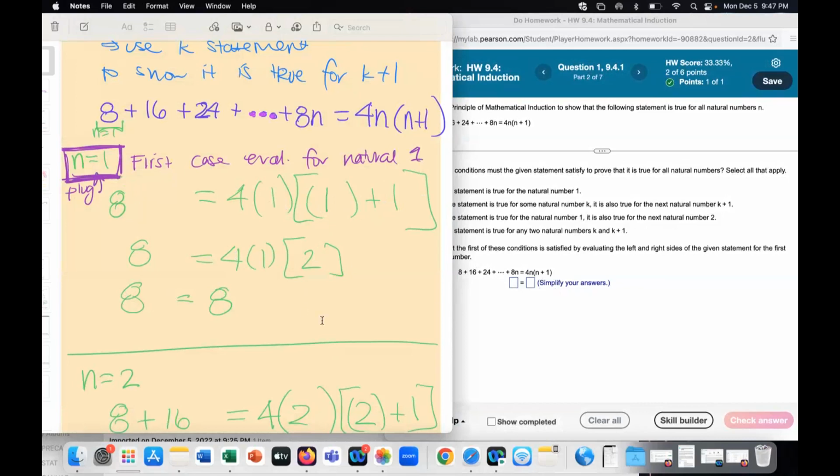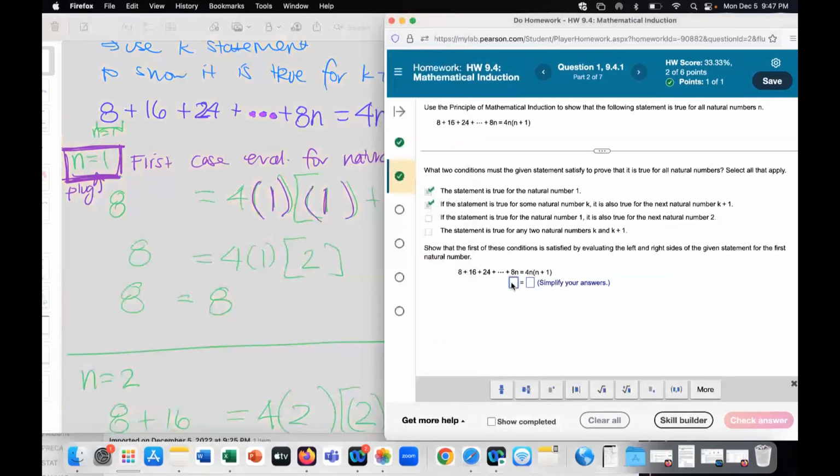Now they do want you to simplify. So what you will type on the computer is this simplified part right here where it says 8 equals 8. Okay? So this is what we will fill in on the computer. And that's going to pop up there in just a second. So I'm going to go ahead and start typing it in while we're waiting.